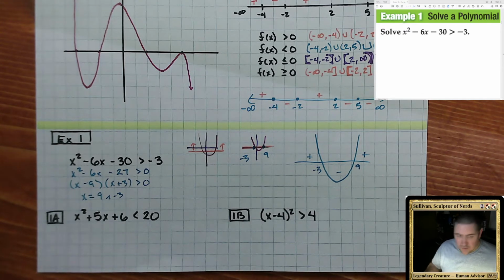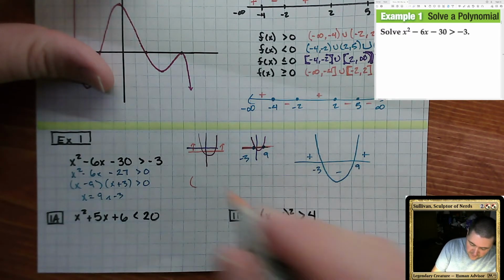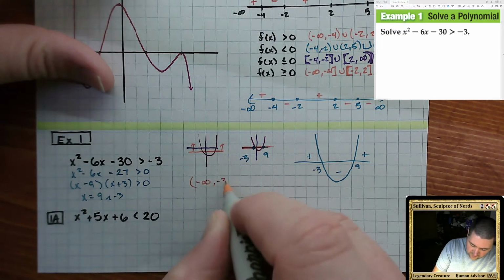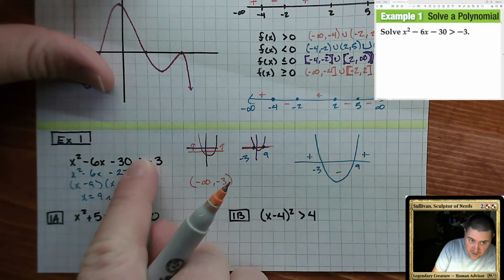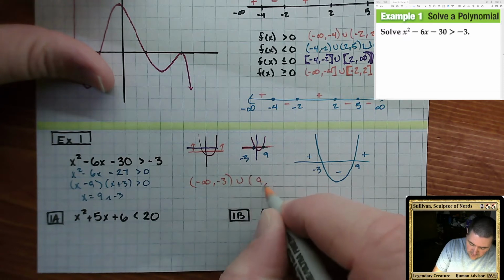Okay, so sometimes you can just get away with graphing it, but in this case it is greater than 0 from -infinity to -3 parenthesis because it is not equal to, it is just greater than, union 9 to infinity.